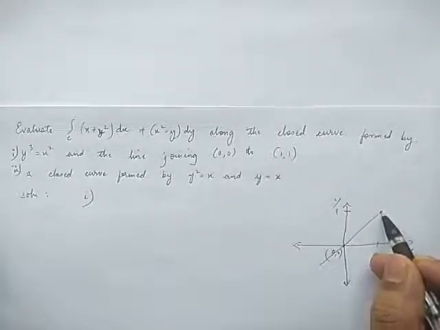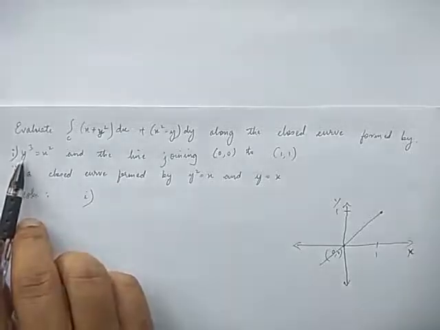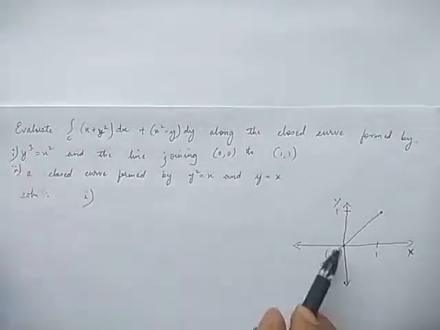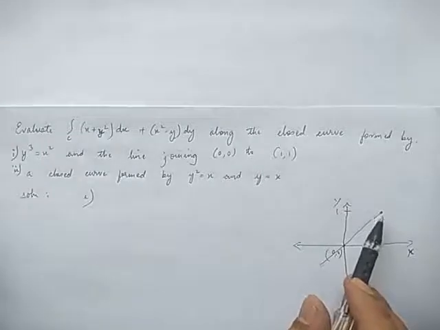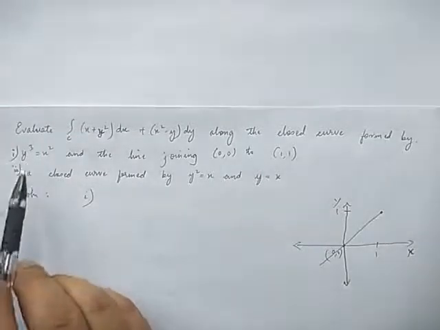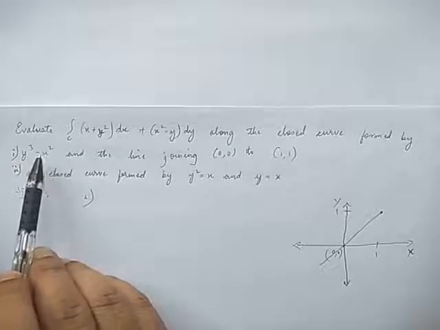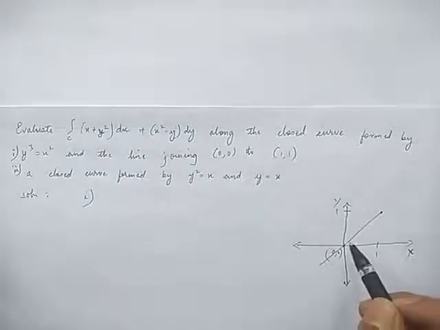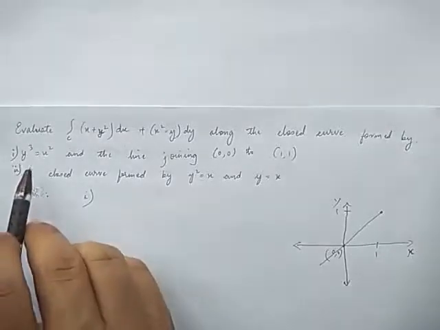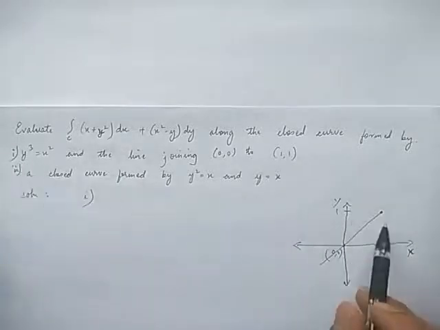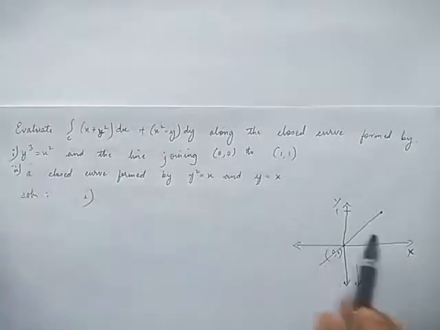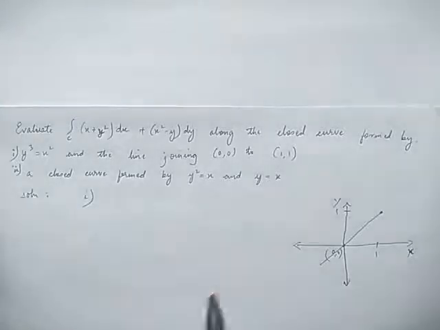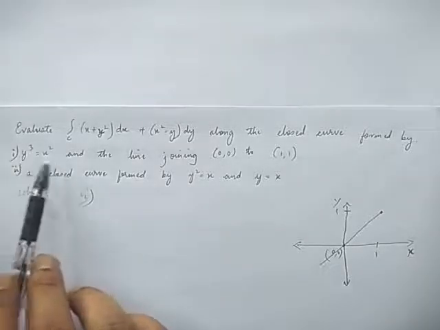The curve y cube equal to x square also passes through 0, 0 and 1, 1, but from these powers we can know that it is bent. On paper it is very difficult to draw the exact curve, so what I do is look at the power.